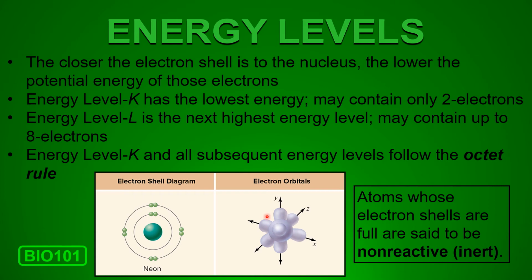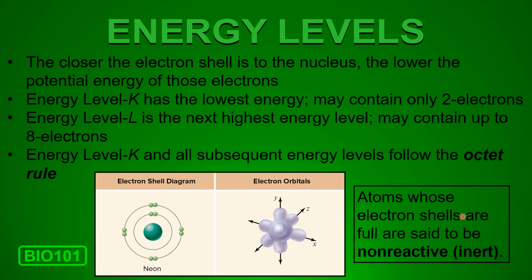So what do you do with it? It has to go in the next highest energy level, which is going to be M. And now in M, there's only going to be 1 electron, and I think it should be obvious that that's going to be the most reactive.